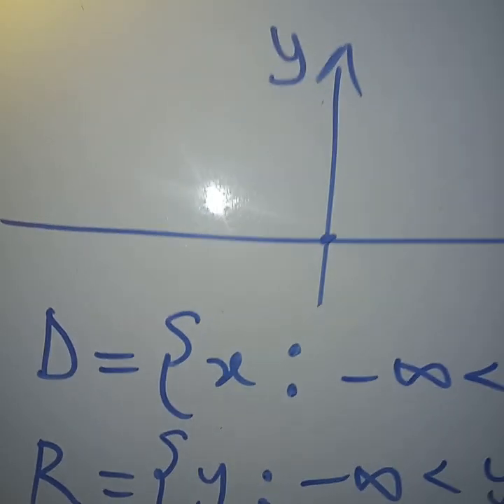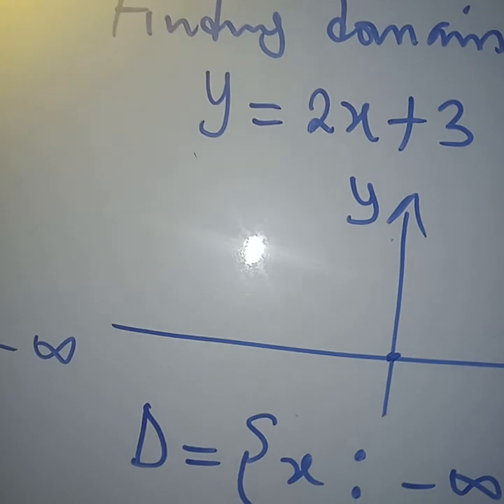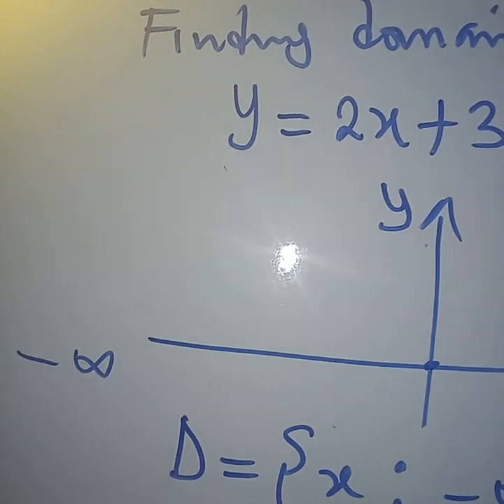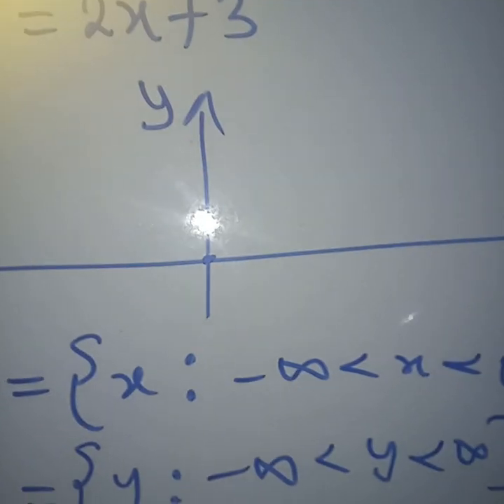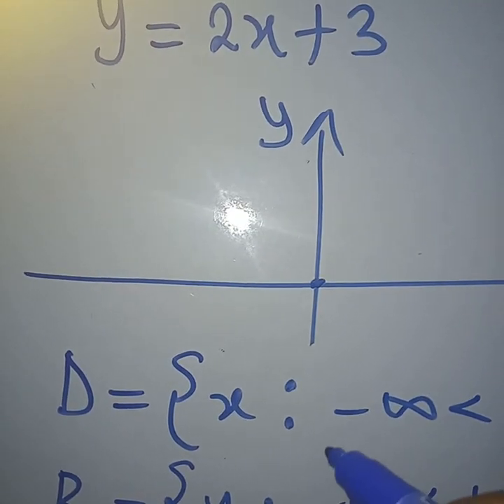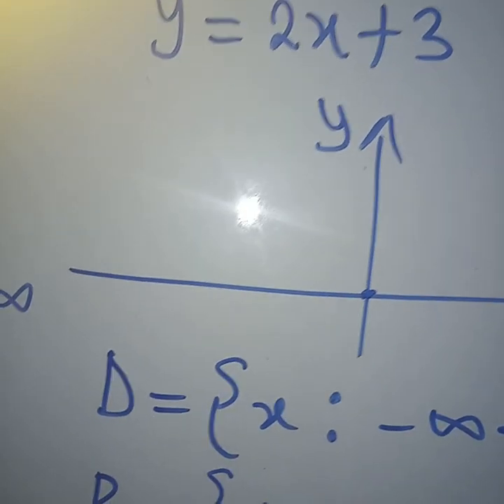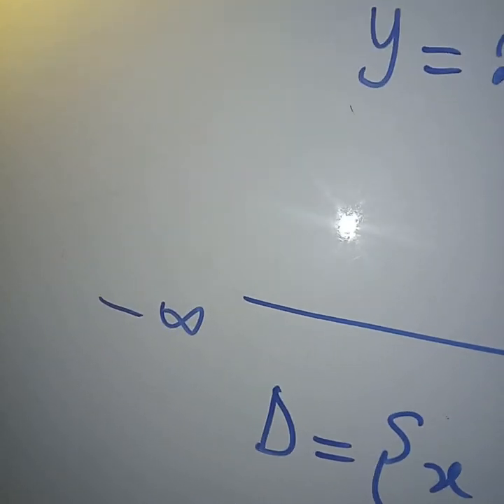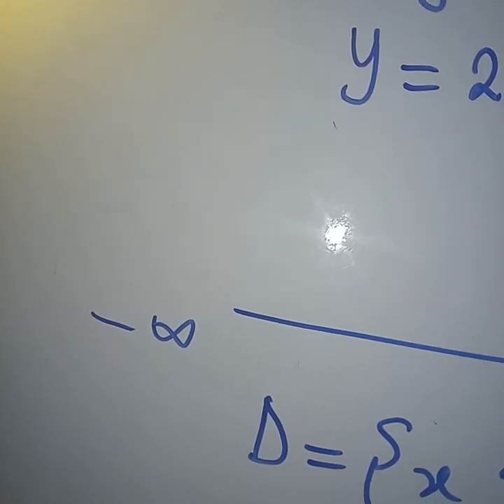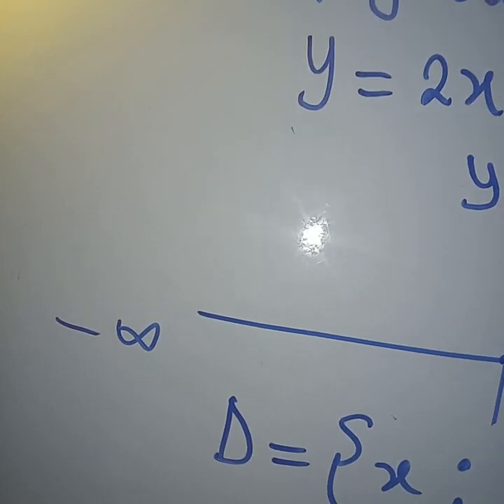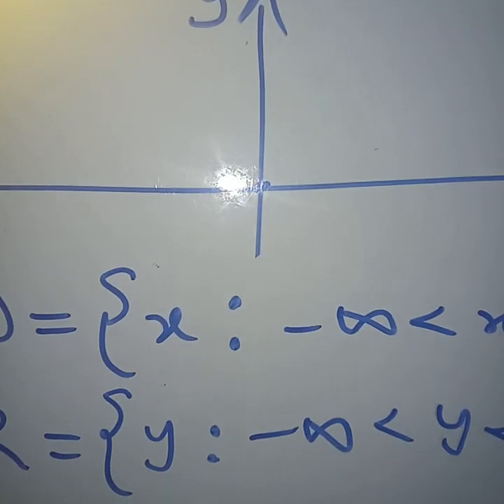So what this means is that the equation y equals 2x, which is a linear function, has its domain everywhere on the number line. Likewise, it also has the codomain on the entire line. Since all the points in the codomain will be mapped, that will be called the range of that function.